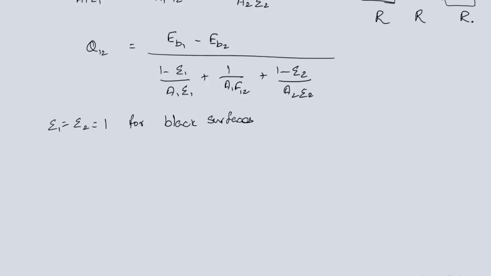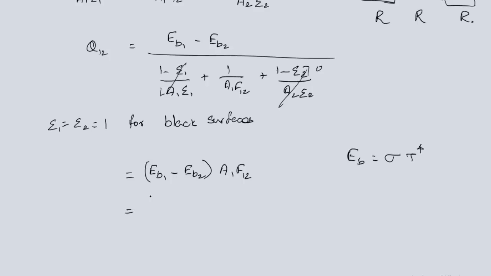If you substitute epsilon 1 and epsilon 2 here, 1 minus 1, this term will be 0, and 1 minus 1, this term will be 0. So the total energy leaving the surface will be EB1 minus EB2 into A1 F12. You know from the Stefan-Boltzmann law that EB is sigma T to the power 4.